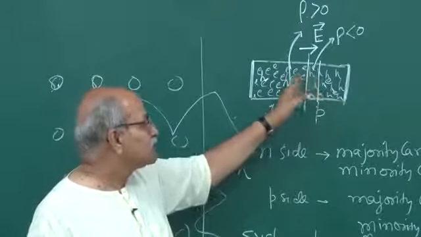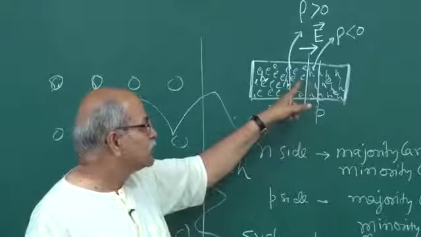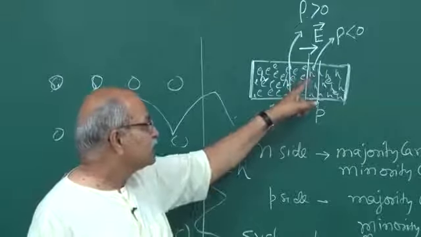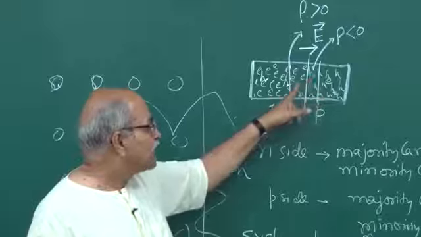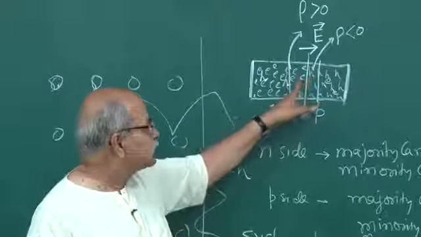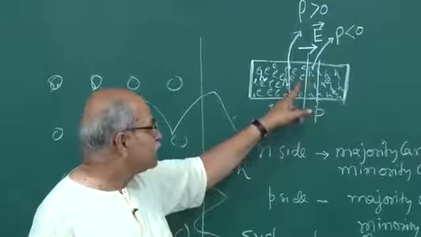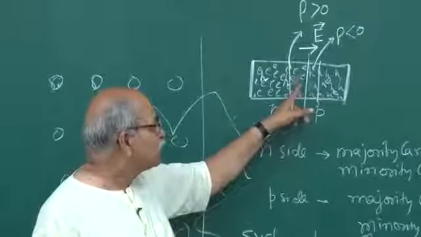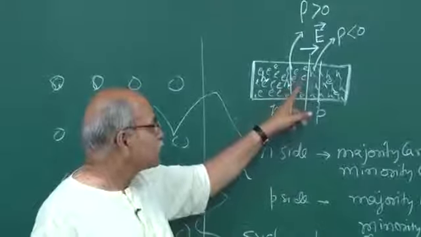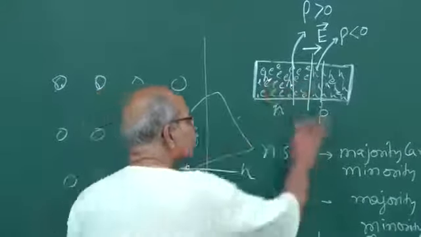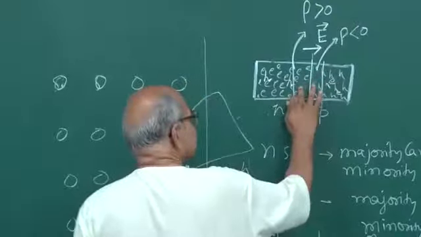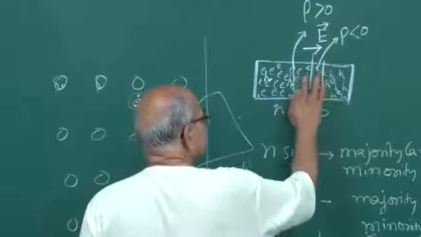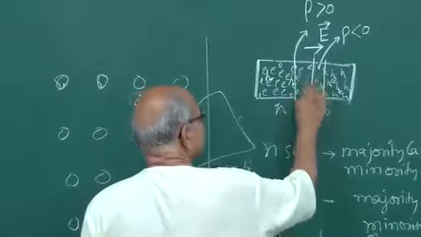Holes are coming from this side, that means a bond is broken from here, and this electron goes from here to here, this broken bond is filled by this electron, and therefore this hole has come to this side, and then this electron has filled that hole. So, that is also over.